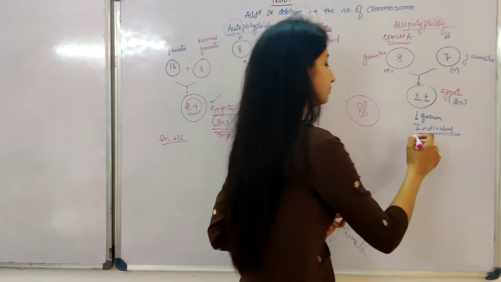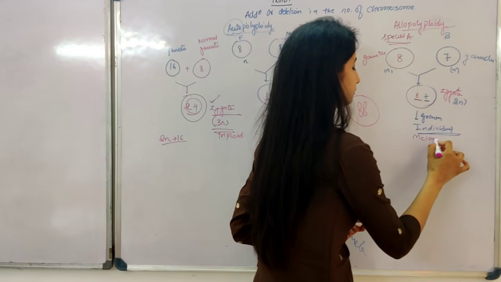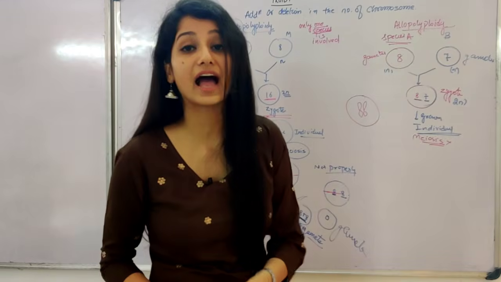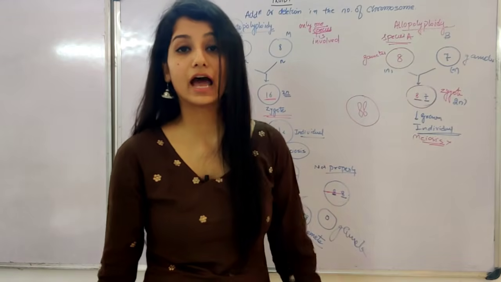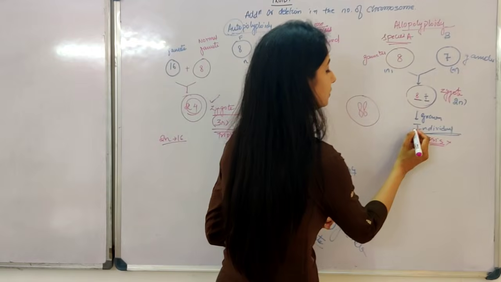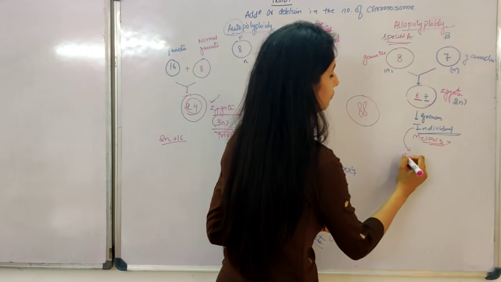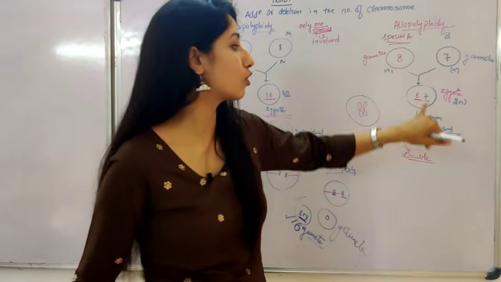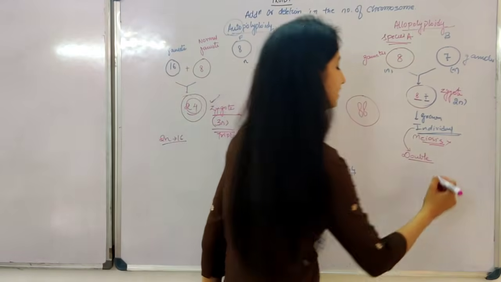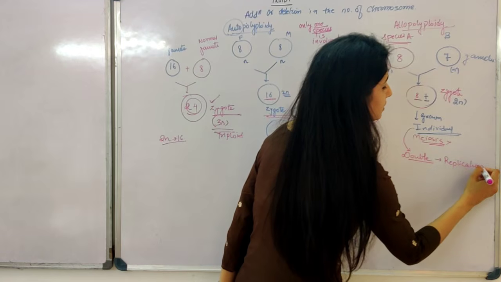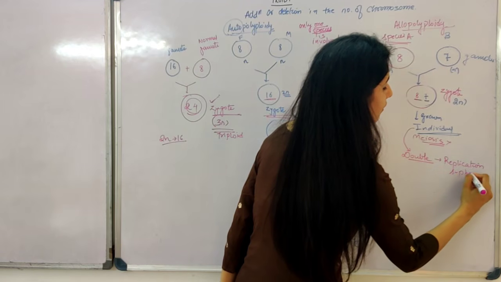So how will meiosis occur? Meiosis won't be able to occur because they are denying to pair up. So what will happen? This individual will double its chromosome number with the help of replication that occurs in S phase.